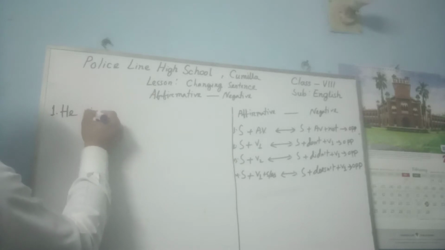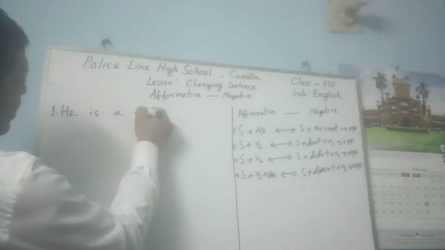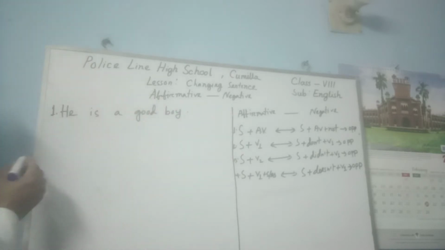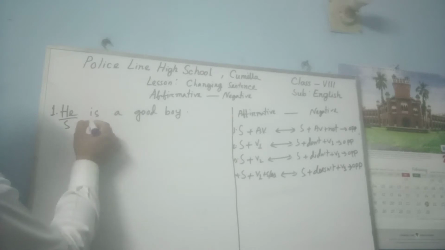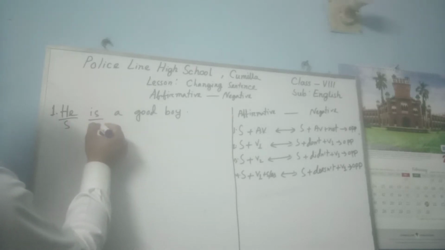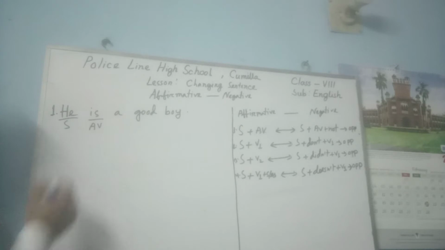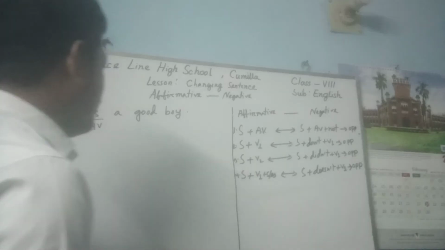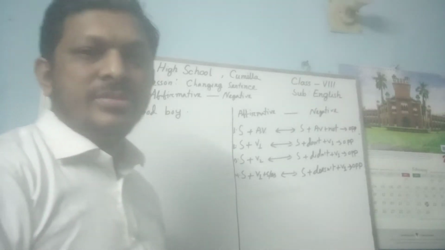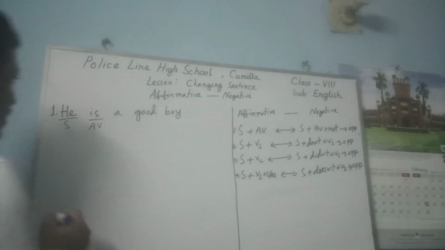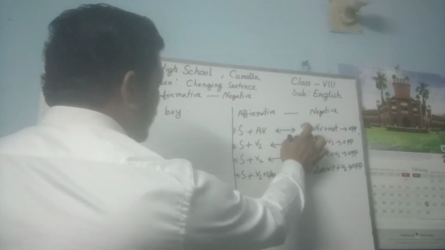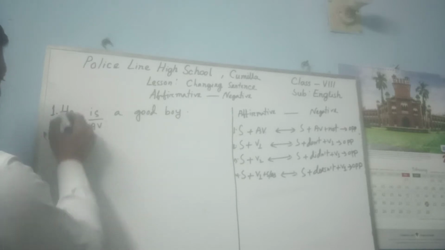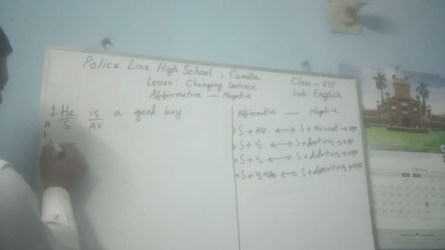He is a good boy. Here at first this is subject and it's auxiliary verb and it's the affirmative sentence. Now I will change the sentence into negative. So from rule 1, at first I have to write that is affirmative and that is negative.